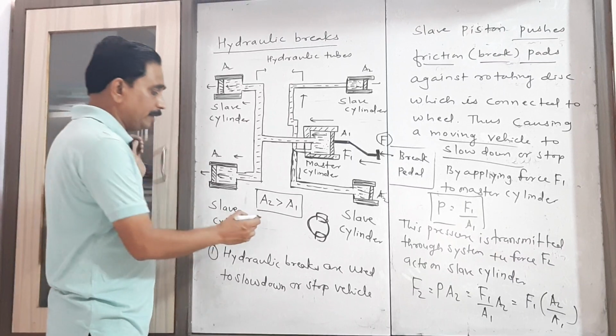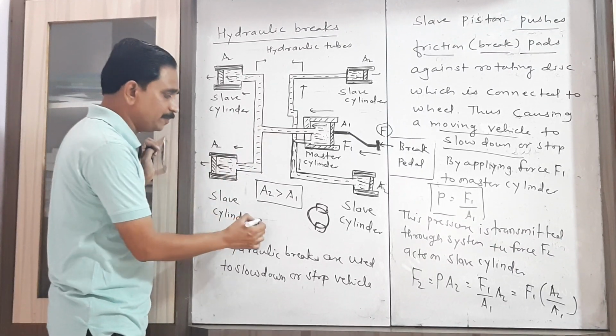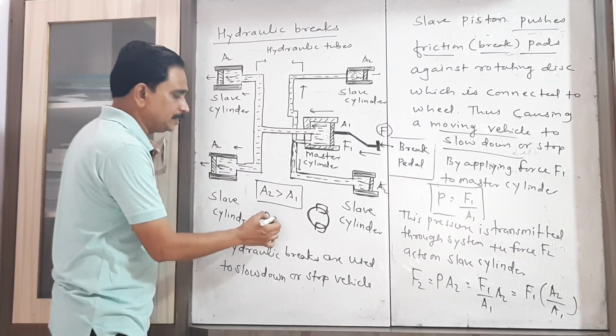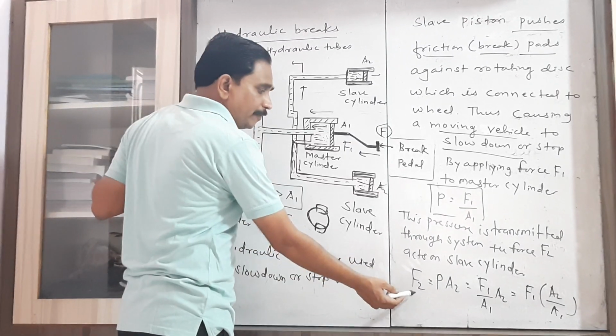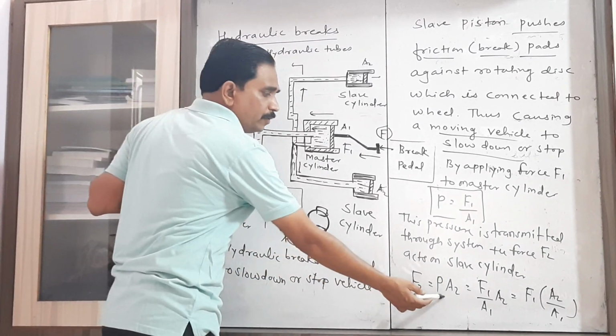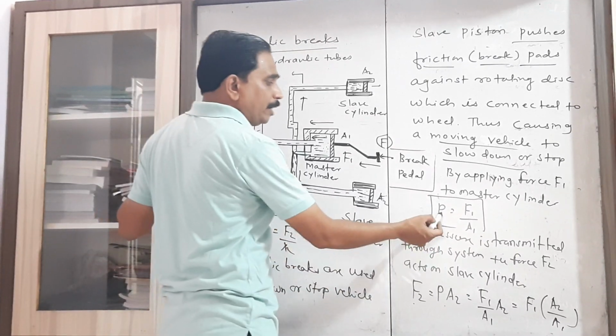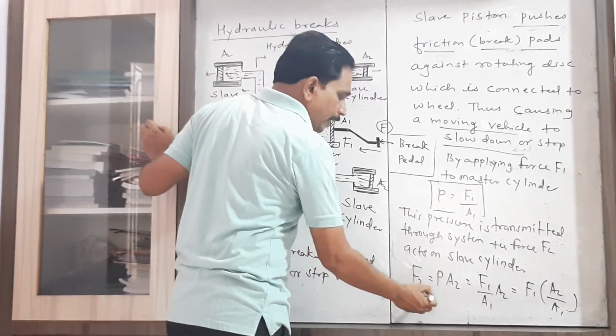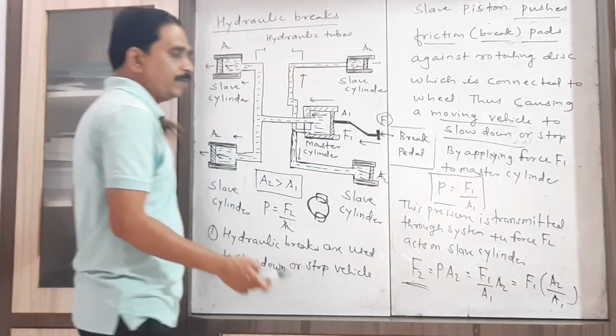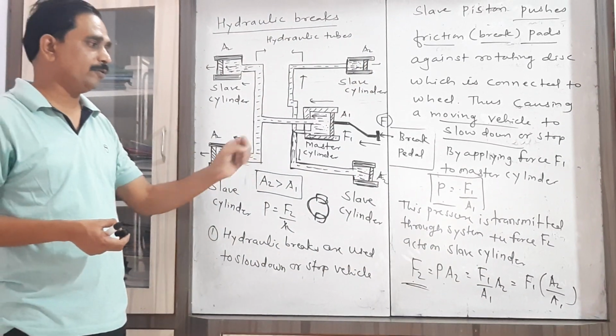The same pressure is transmitted, so P equal to F2 by A2. Therefore F2 equals P into A2. Putting the value of P, that is F1 by A1, we can write F2 equal to F1 into (A2 by A1).